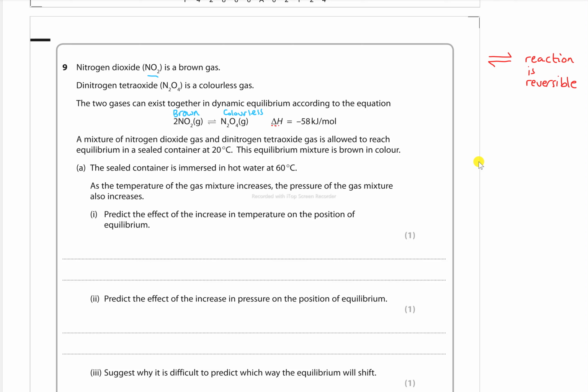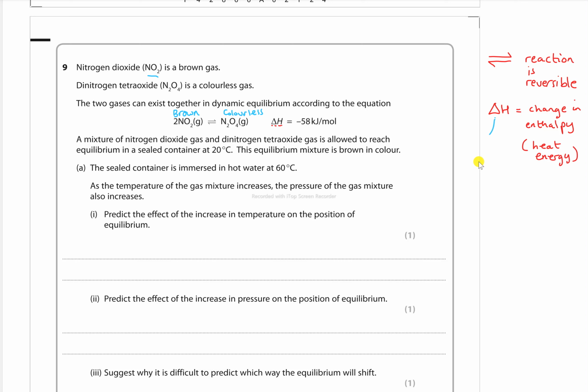Now, what does this delta H tell you? The delta and then the H is change in enthalpy. Enthalpy is change in heat, or heat energy.